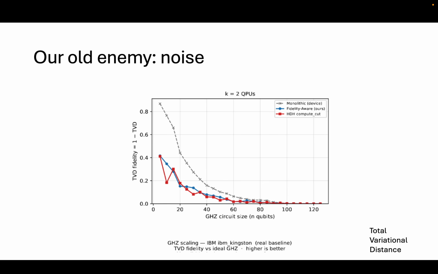Here is a figure from ongoing work that we're doing in collaboration with the error correction team at the University of Edinburgh and Heriot-Watt University, which is also in Edinburgh, where we are looking at how this noise affects computation. This is an implementation of circuits that are supposed to create GHZ states on the current IBM Kingston device.